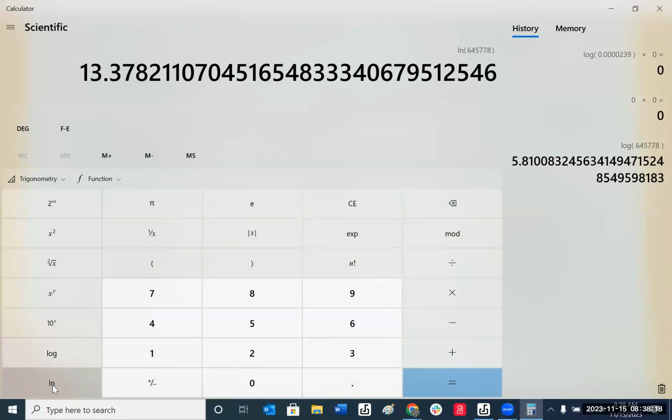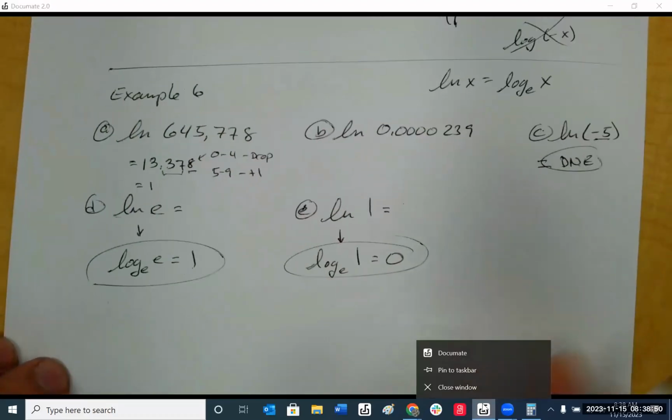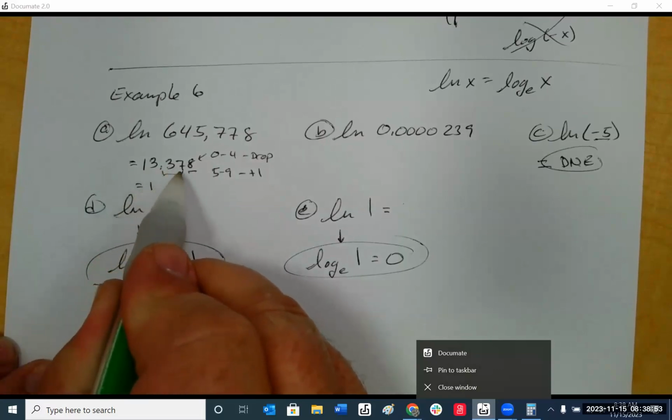If we only wanted 2 decimal places, what would we do? What's the rule for rounding? Since we rounded to 2 decimals, look at the third. If it's between 0 and 4, just drop them. If it's between 5 and 9, add 1. So it's 13.378.